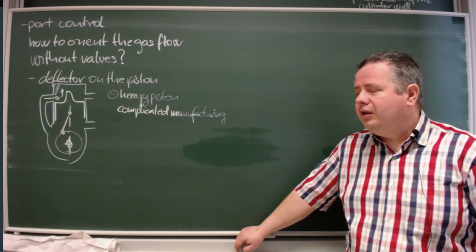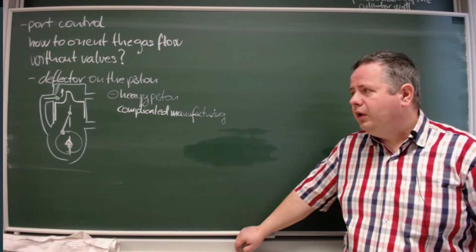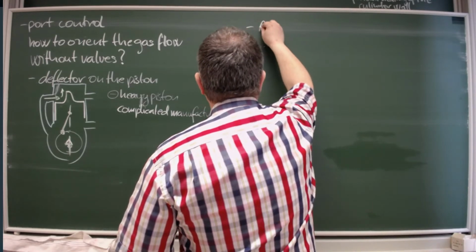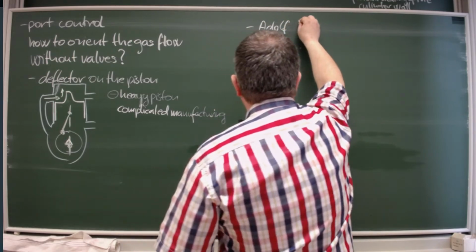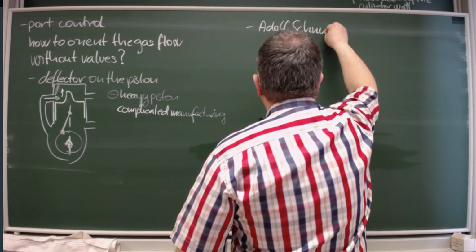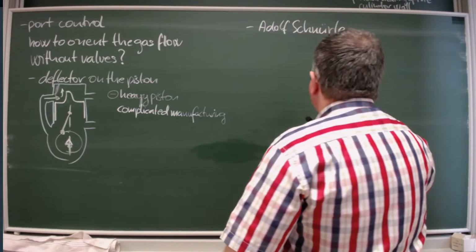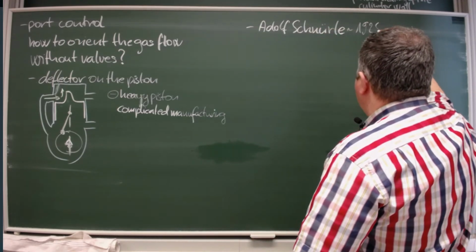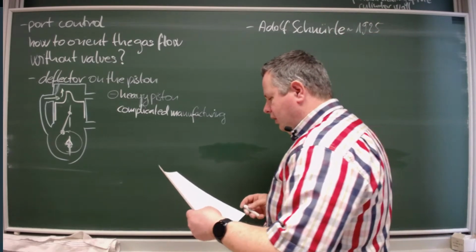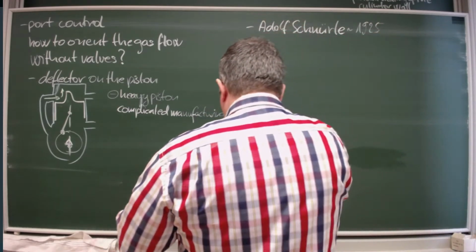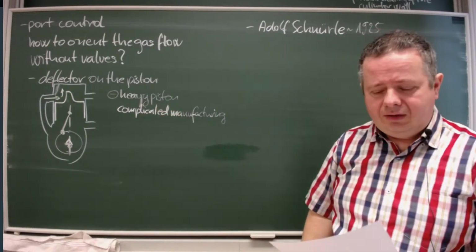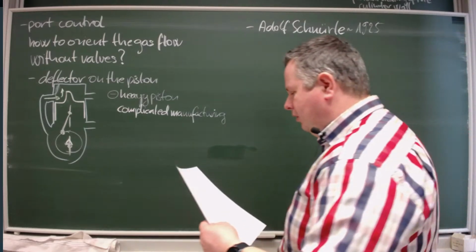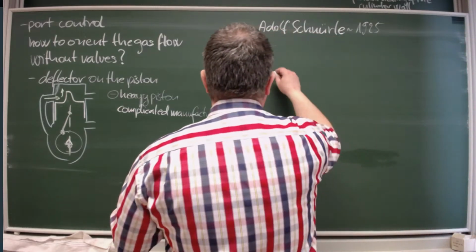And the guy observed the following. It has the idea. So let's say Adolf Schnürle, around 1925, roughly. He said, okay, we can draw the thing in plan, but also we can draw the thing in space. And once we draw the thing in space, we can observe the following.